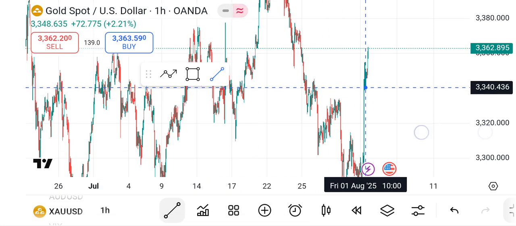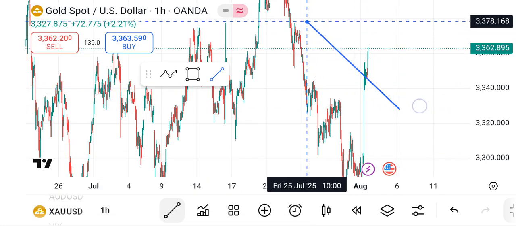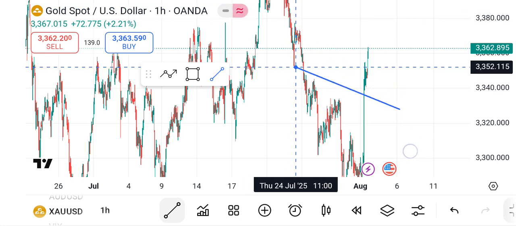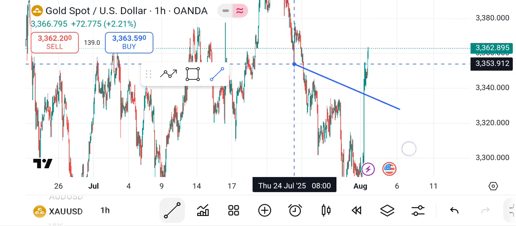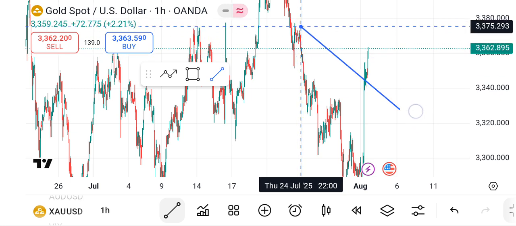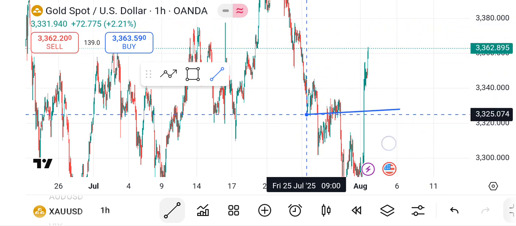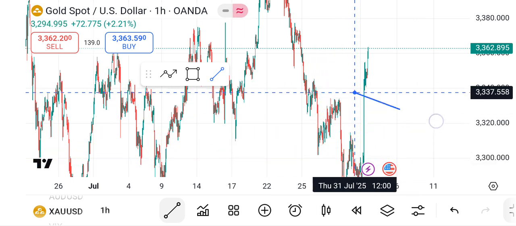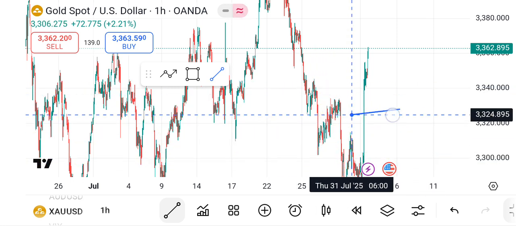So here right now, price made a higher low. This is a lower low here. Higher low, a lower low, higher low, a lower low, just like what I showed.